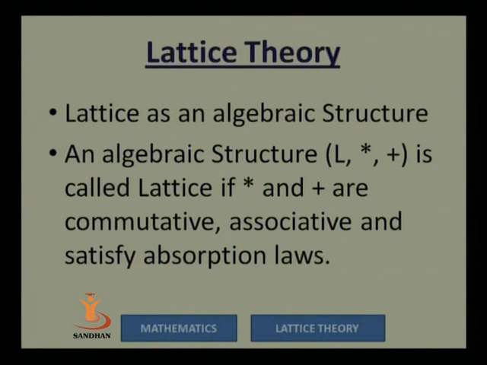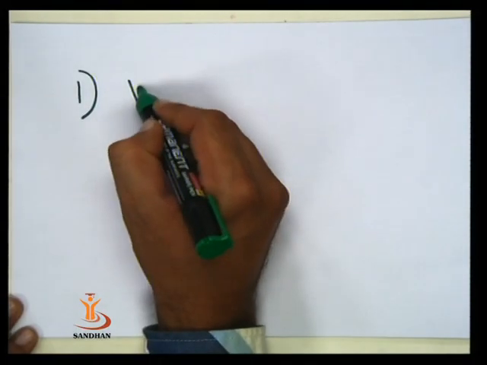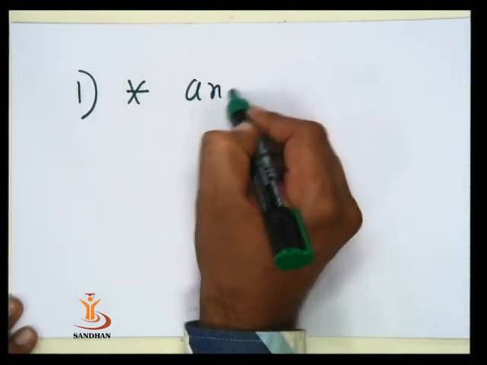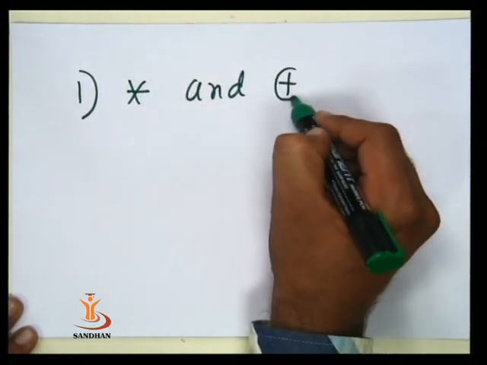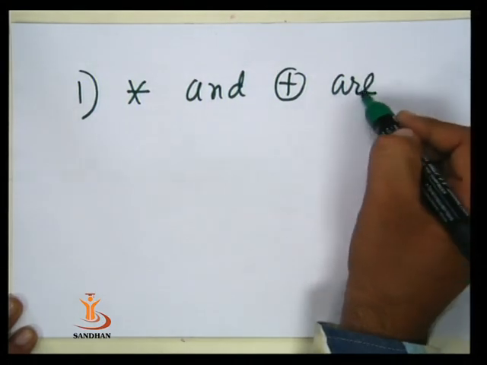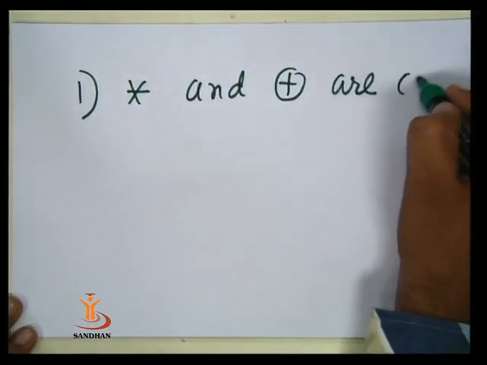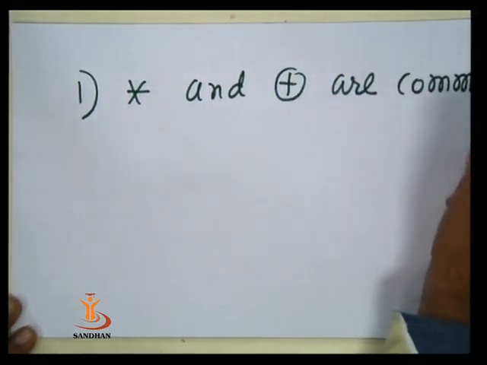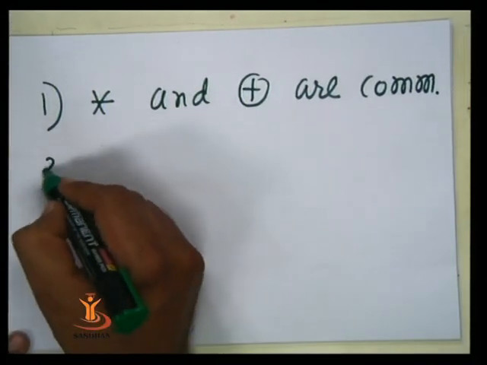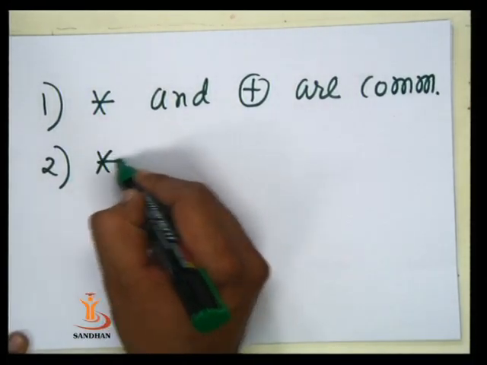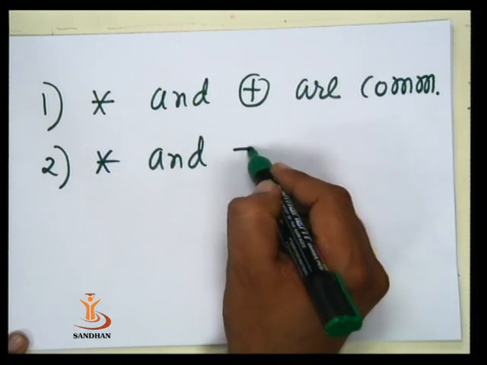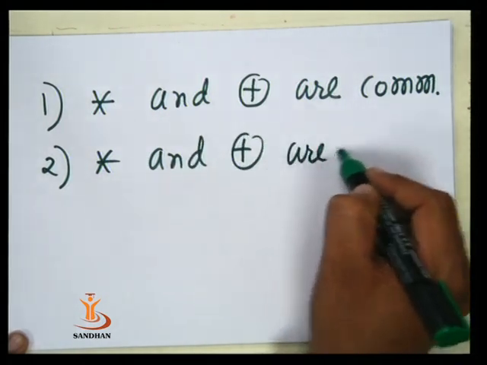The set L together with star and ring sum is said to be a lattice if the following conditions hold. The first property is that star and ring sum are commutative. The second one is that star and ring sum are associative.